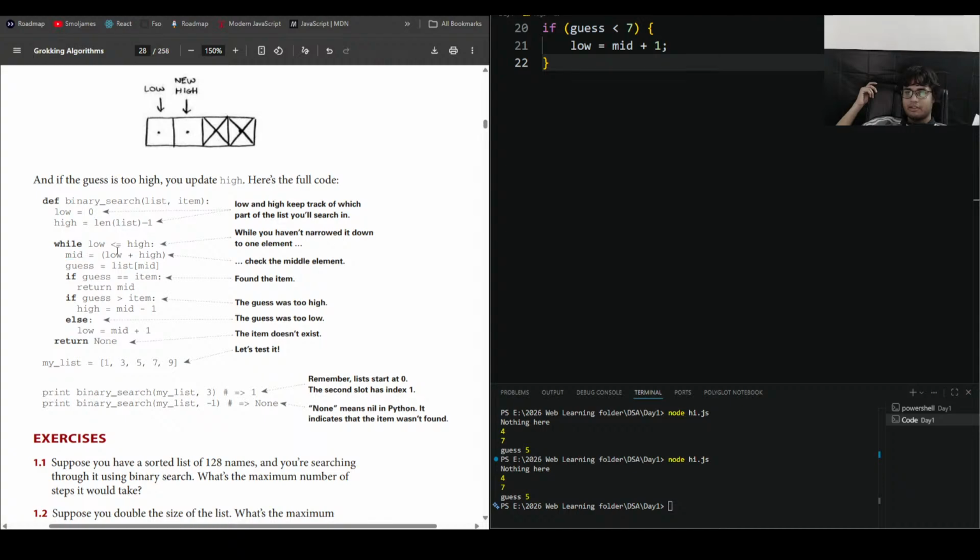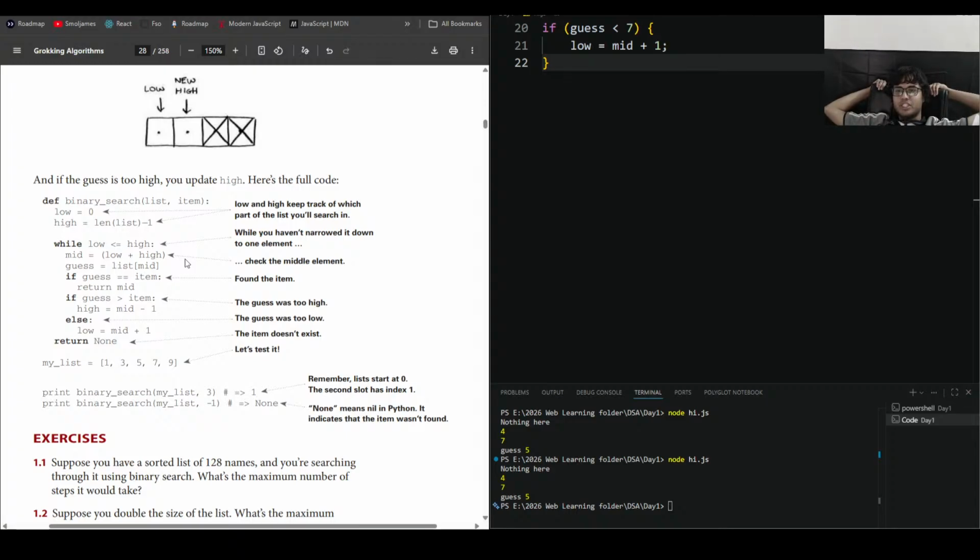Mid, check the middle element. Mid is low plus high. Guess is list at mid. If guess equals item, return mid.